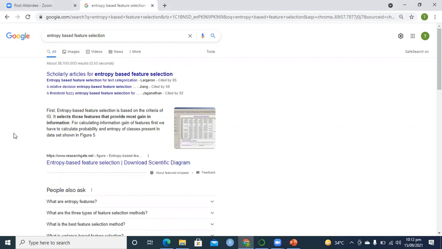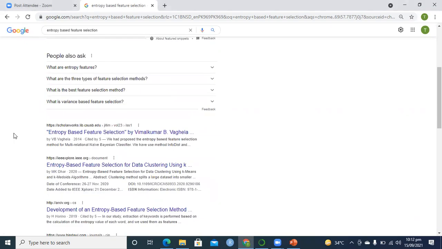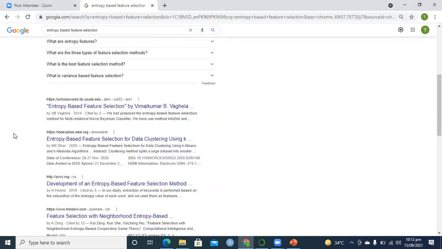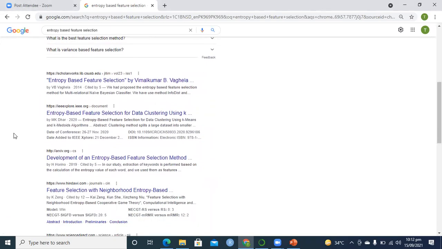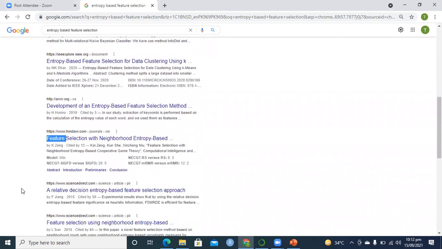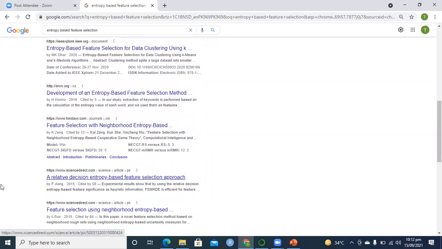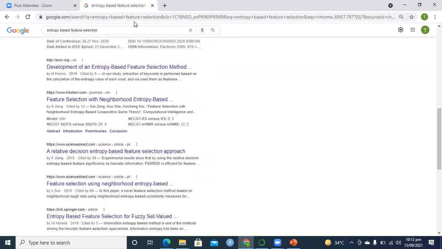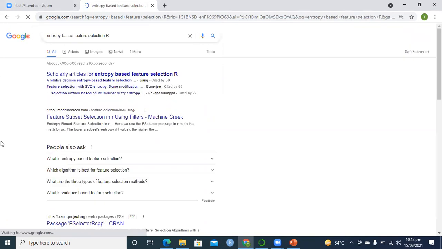Entropy feature selection, entropy based features and data clustering, feature selection and neighborhood and entropy. So you see there are a lot of different techniques. Even if I say just feature selection using entropy based measures, because this is an old method, new research has been published.